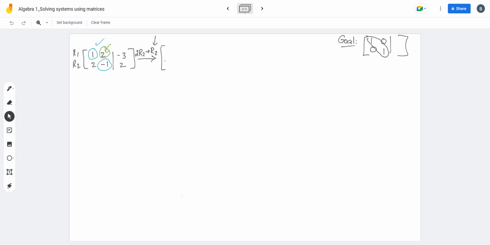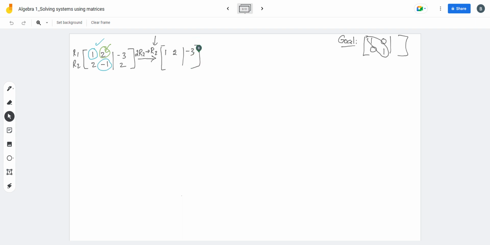Another tip is that if you don't do anything with a row, then you just rewrite that row. For example, row 1, we don't do anything with it, so you're going to rewrite row 1. That's less trouble.